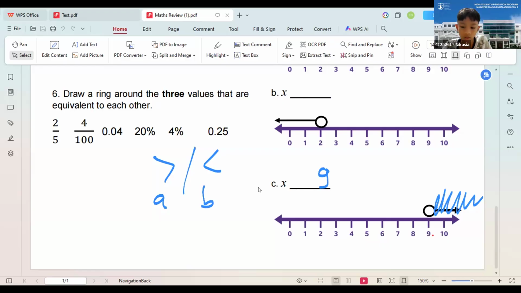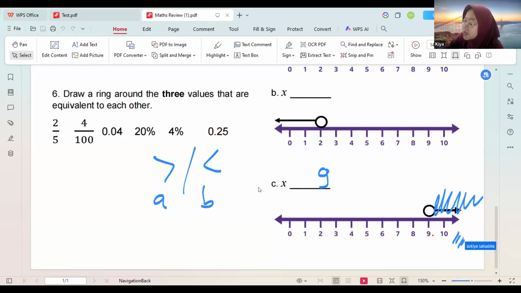Don't forget, if the ray goes to the right, the number you have to look at is the number after the 9. But if the ray goes to the left, like in number B, the number you have to look at is the number before the circle.